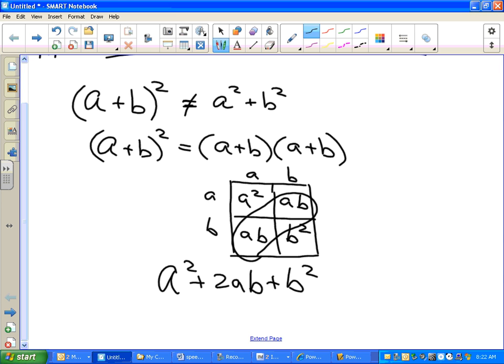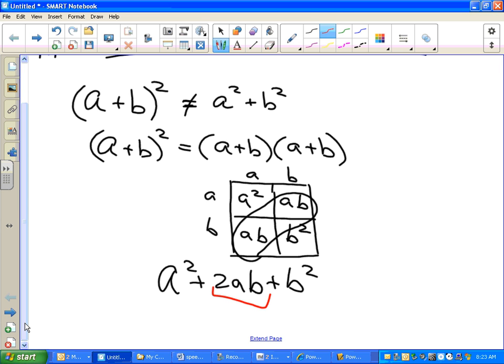So originally, when we set up at the top that it equals a squared plus b squared, we would have been missing this middle term, which is the 2ab term. And we have to go back and do this FOIL method or the square method in order to get that polynomial.